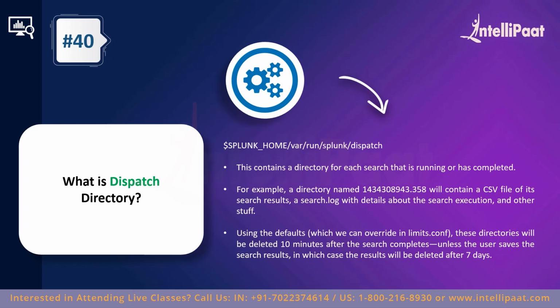There's a file called search.log, and this search.log will contain all the details about the search execution and a lot of other stuff too. By default, you can override this in limits.conf, and these directories will be deleted 10 minutes after the search completes. It's a very important thing that you have to know. If the user saves the search results, in that particular case the results will get deleted after 7 days.